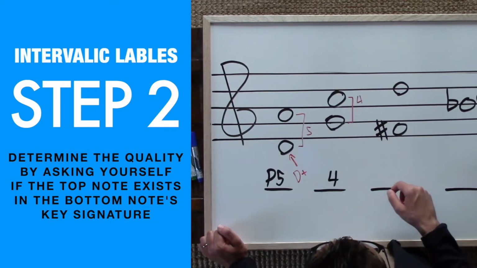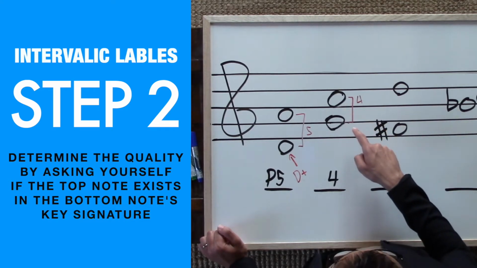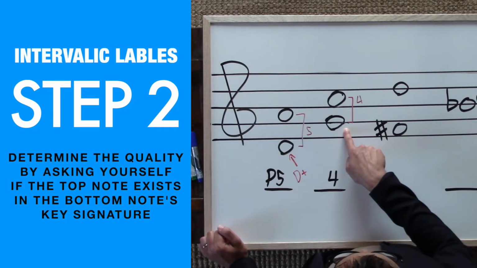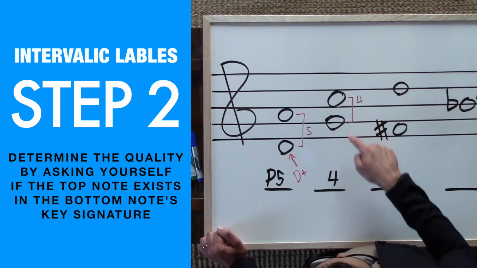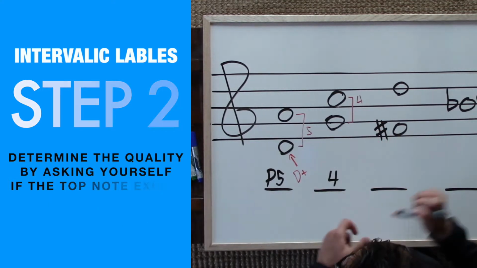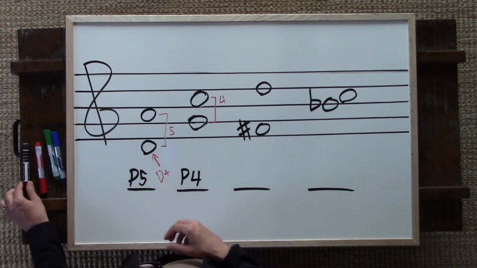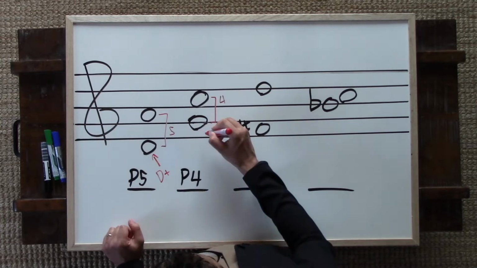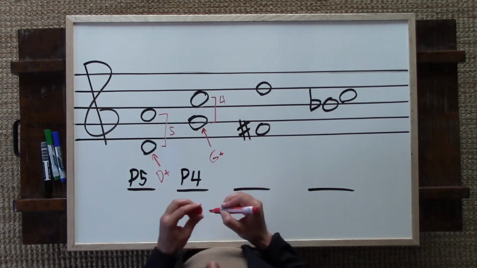This isn't an F sharp, that's a C. So C is in the scale of G major. In fact, the 4th note of a G major scale is C. So we can find this interval in the G major scale, and this happens to be a perfect 4th. And we did that by using the key signature, again, of the bottom note, not the top note.